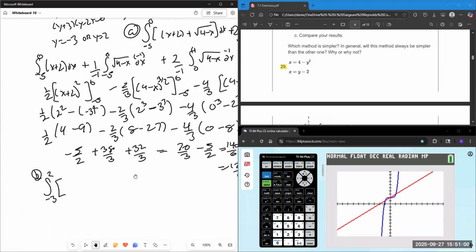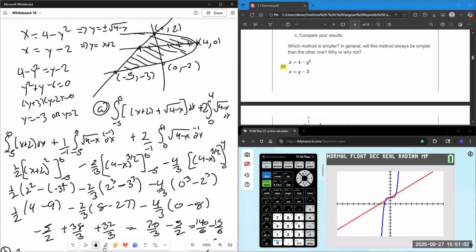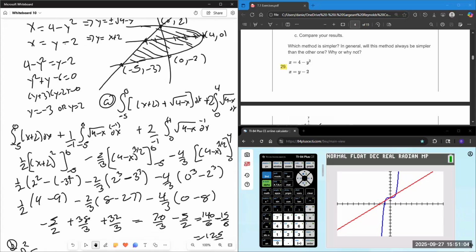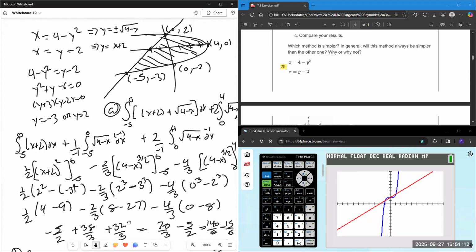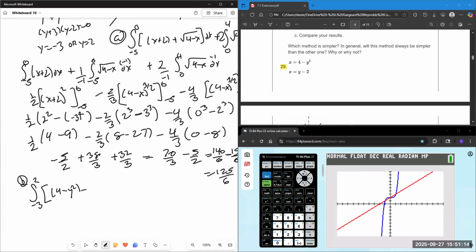And then it's always right minus left, so it's parabola minus line. So 4 minus y squared minus y minus 2 dy is the integral from -3 to 2 of negative y squared minus y plus 6 dy.